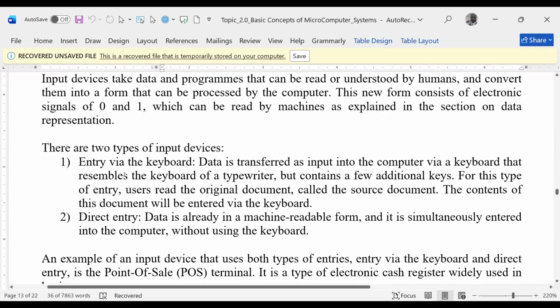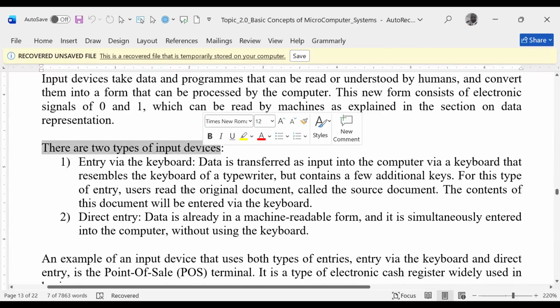Then the next one, also two types of input devices. To make entries into the database, there are two types of input devices. One called direct and another indirect. The indirect example is the keyboard.